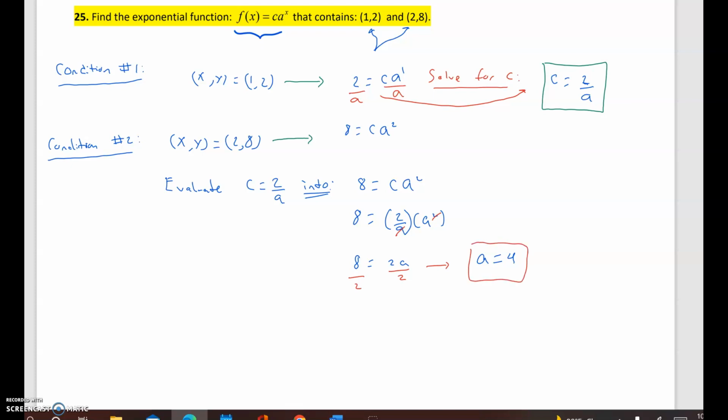Once we have that a is equal to 4, then c is going to equal 2 over 4, which is just a half. So the value of c is equal to a half.